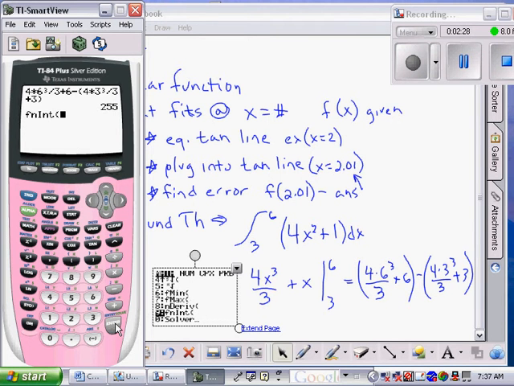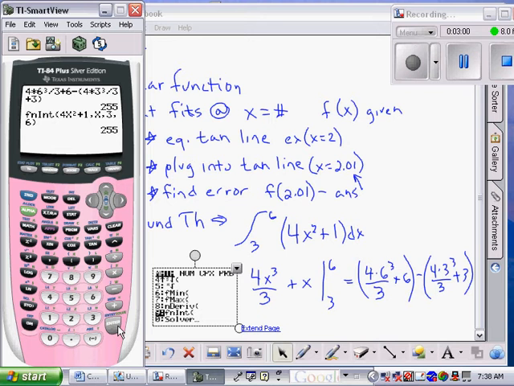The syntax there is pretty much like the others. So you put your function in, 4x squared plus 1, comma, x, put your variable in there, and then you put your bounds. So in this case we were going from 3 to 6. I believe I've got that all typed in there, right? It gives you the exact same answer.